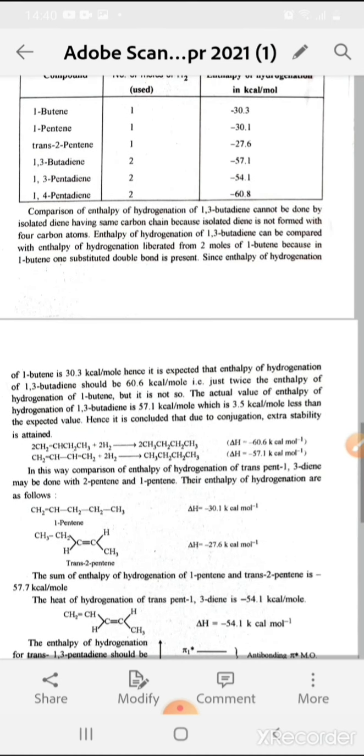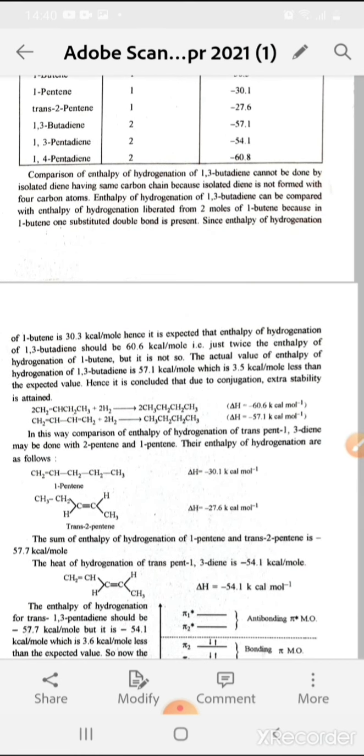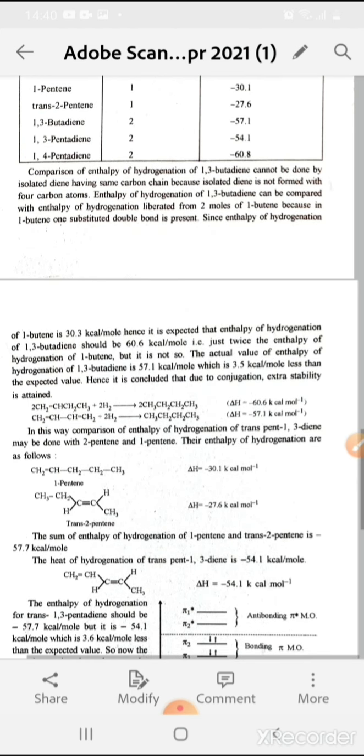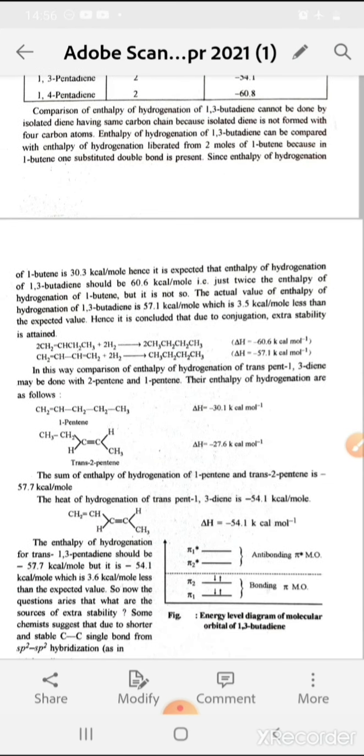The enthalpy of hydrogenation of 1,3-butadiene can be compared with the enthalpy of hydrogenation liberated from 2 moles of 1-butene, because in 1-butene, one monosubstituted double bond is present. Since the enthalpy of hydrogenation of 1-butene is 30.3 kilocalorie per mole, it is expected that the enthalpy of hydrogenation of 1,3-butadiene should be 60.6 kilocalorie per mole, that is just twice the enthalpy of hydrogenation of 1-butene.